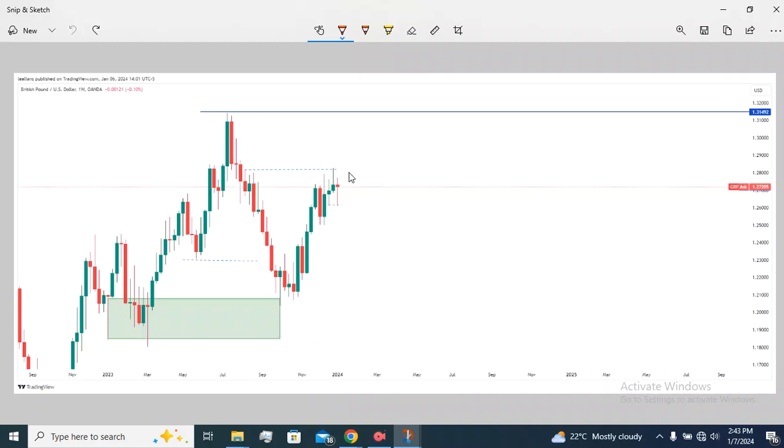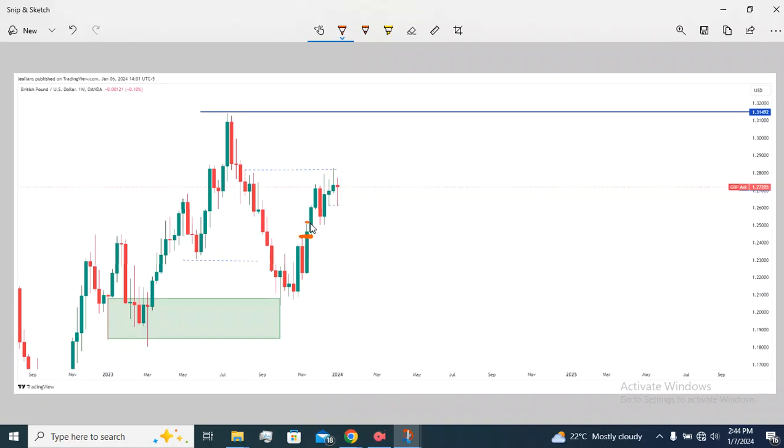After sweeping that liquidity, the nearest internal liquidity that you can see was here. Liquidity was lying at the wick of this candle down here, right? Before we got there, this daily FVG was not filled. You just skipped it.